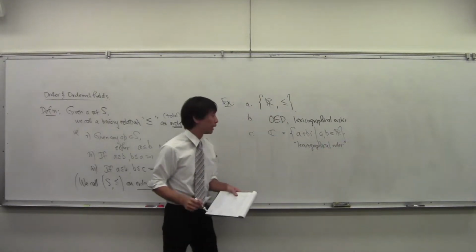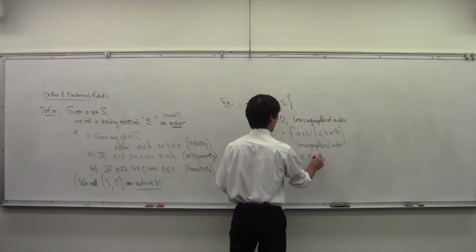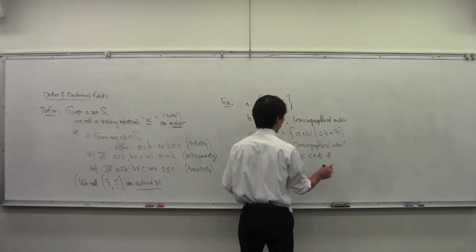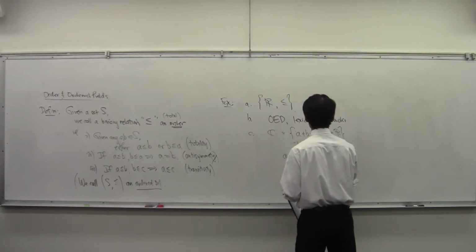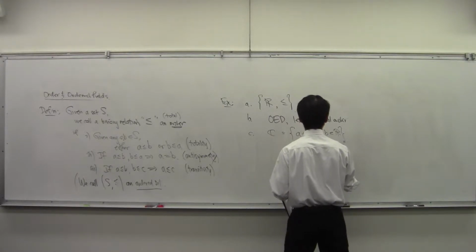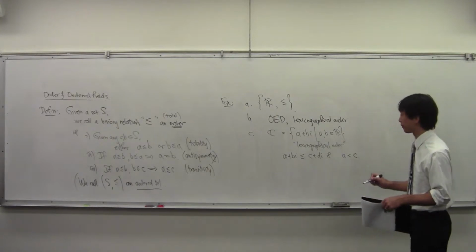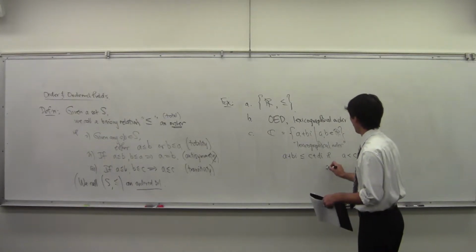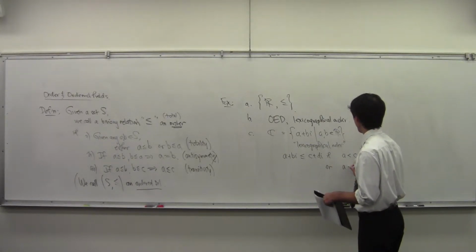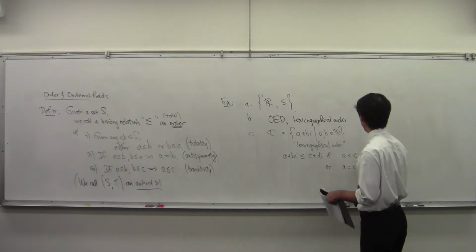Okay, so you say that a plus bi is less than or equal to c plus di if a is less than c, or if a is equal to c and b is less than or equal to d.